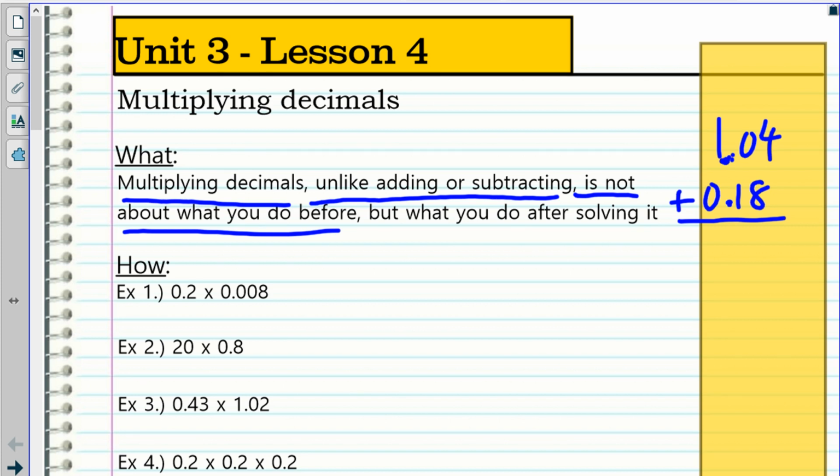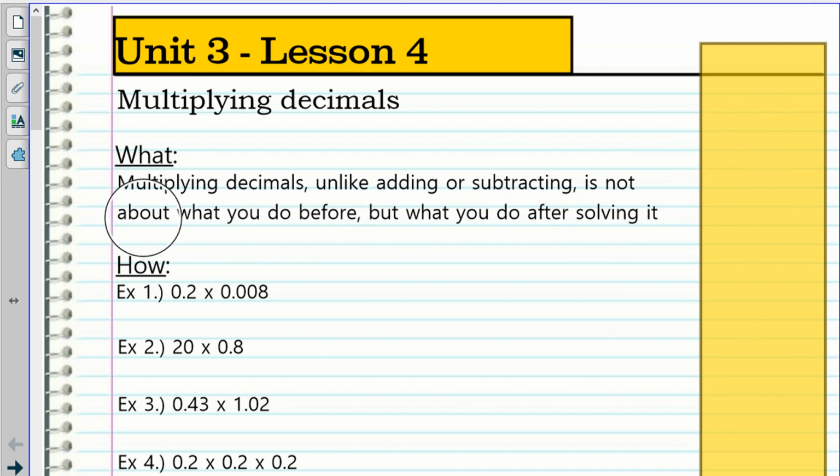And then you can add. Whereas when we are multiplying decimals, that's not really the case anymore. For example, you don't really multiply decimals like this. You're not doing that, okay? So what do we do instead then?